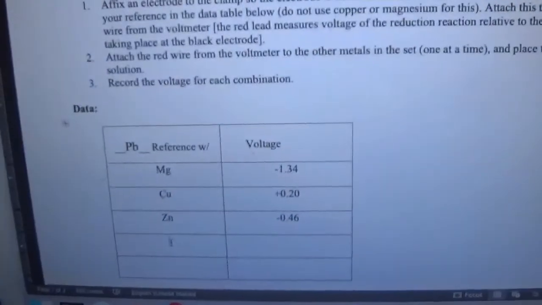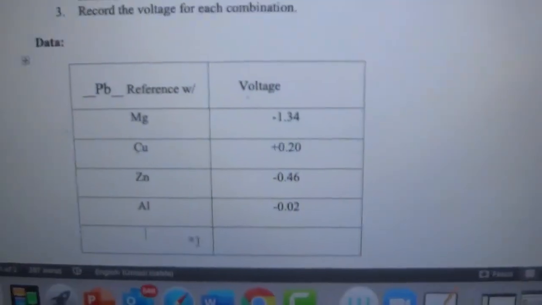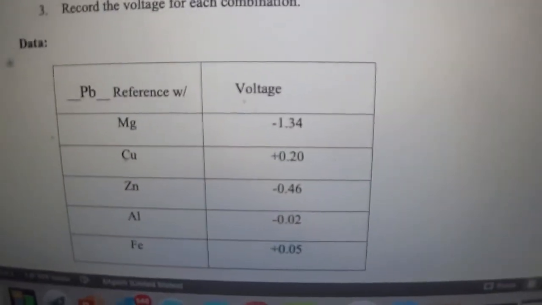Negative 0.46, and I recorded that one there. This time I have a piece of aluminum in with the lead: negative 0.02 volts. My last metal is the iron. The iron goes in, and there's my 0.05 volts for the iron.